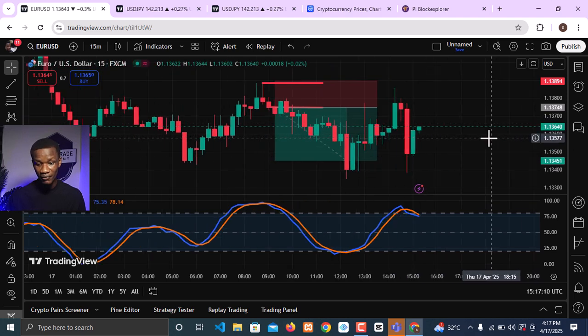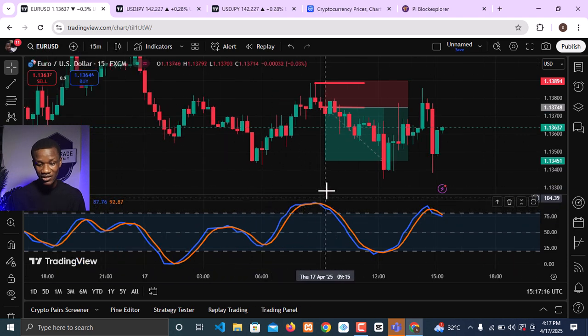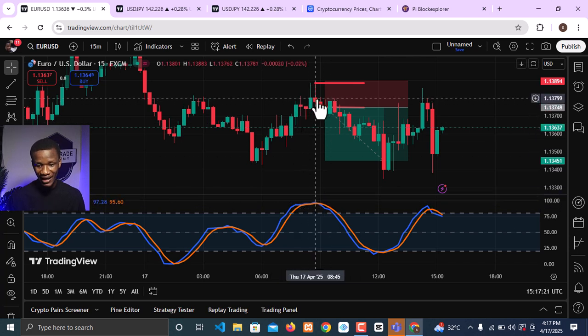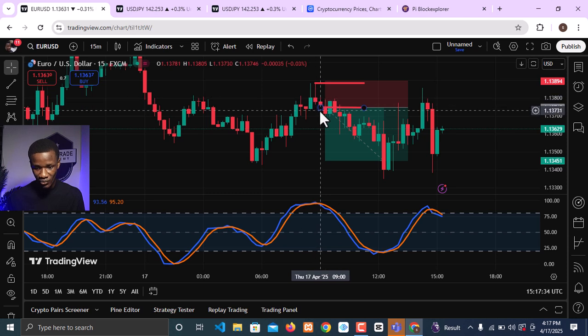Let me explain again. The first thing is you take your pair on the 15-minute chart and identify that this is at overbought condition in this case, and then you mark the candle where the lines cross over each other on this indicator, which is this candle. Then you wait for the next candle to be a bearish candle. It should close below the previous candle, which this candle right here fulfills.